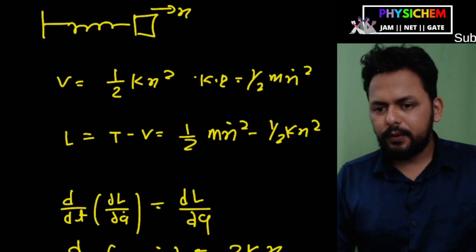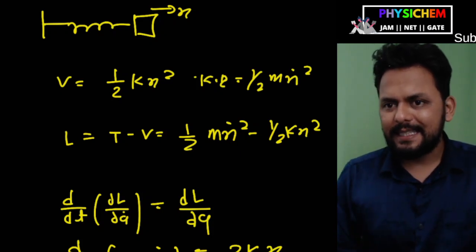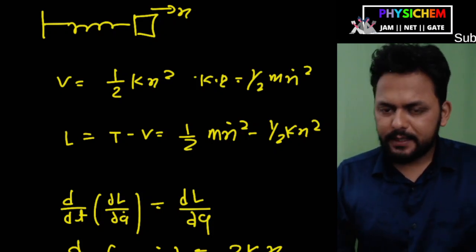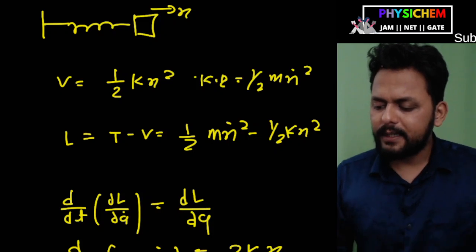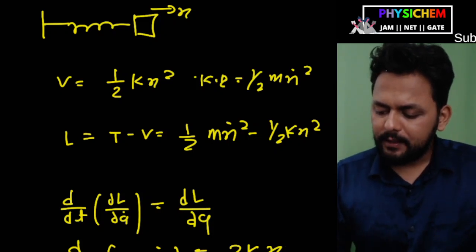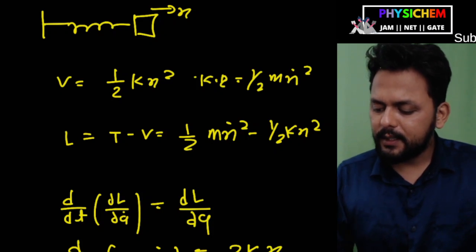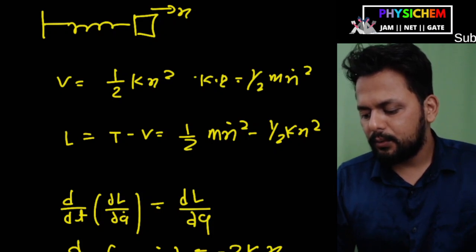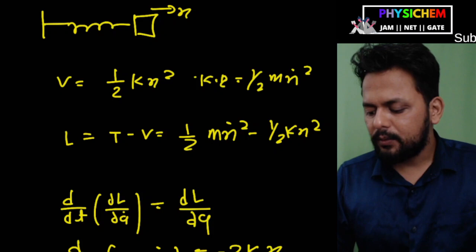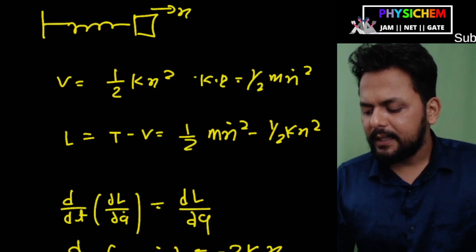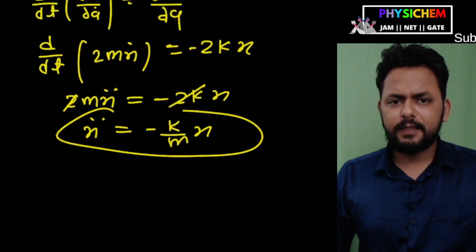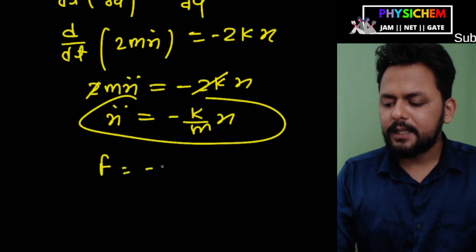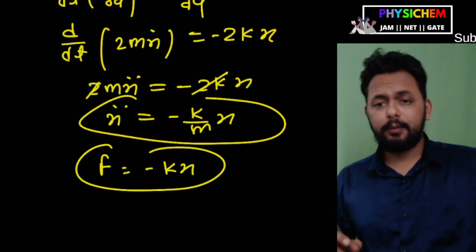From here, if we need to solve it, we say 2m x double dot is equal to minus 2kx. The 2 cancels out, so x double dot is equal to minus k upon m into x, and this is simply the acceleration of the particle. But it is the same thing as m into a, F equals m into a equal to minus kx. This can be done easily with Newtonian physics.